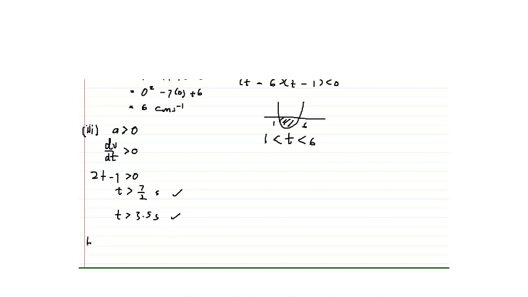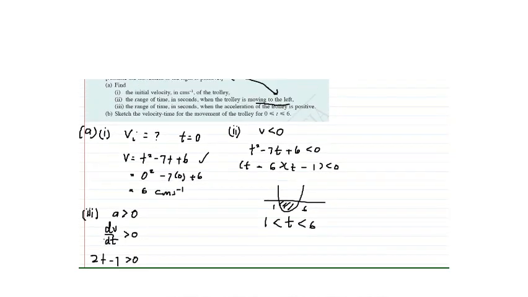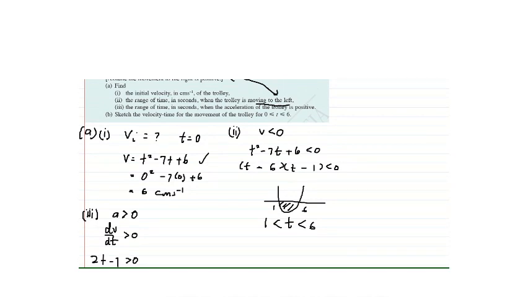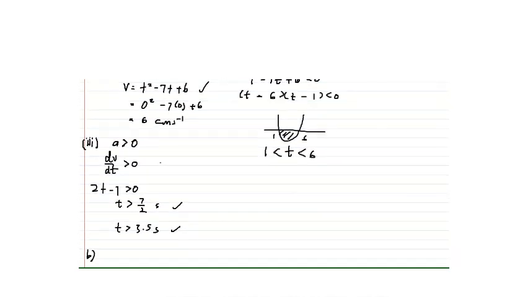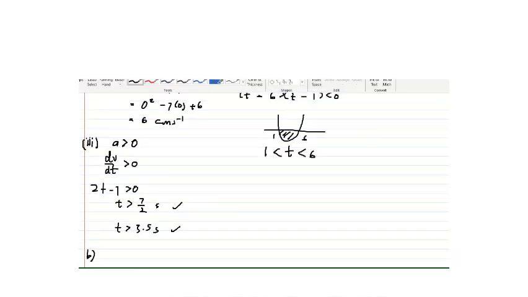Alright, question B. What does question B ask? Sketch the velocity time graph for the movement of the trolley for t between 0 and 6 seconds. So we take our ruler.